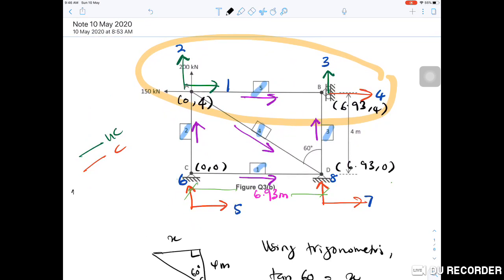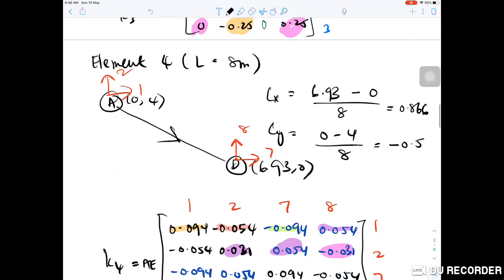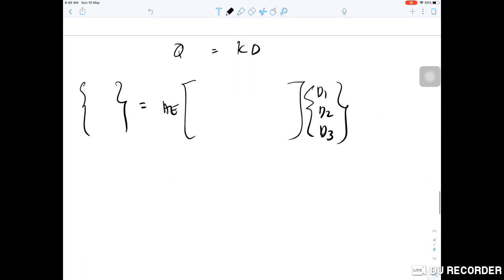Q1 is negative 150 kilonewton. Q2 is 200 kilonewton. There is no Q3, which means Q3 is equal to 0. So it is negative 150, positive 200, and 0.